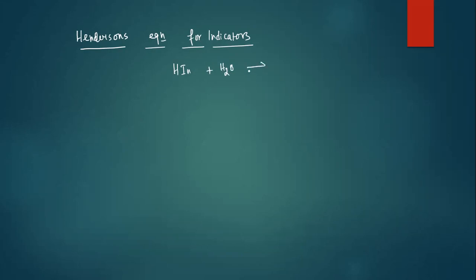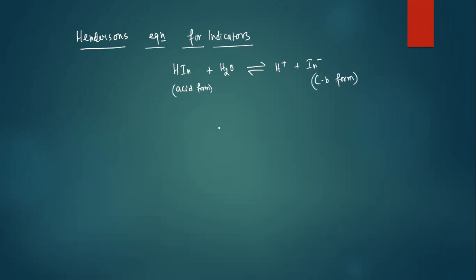Henderson's equation for indicators. First of all, indicators have two forms. One is acidic form like this, HIn. So if you put it in water, it will dissociate. It will give H+ and In-.